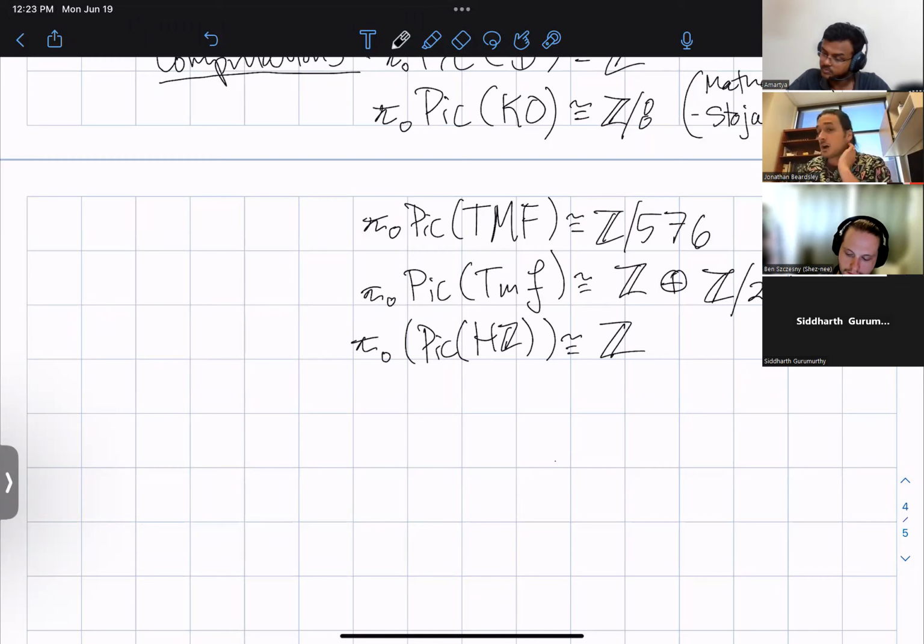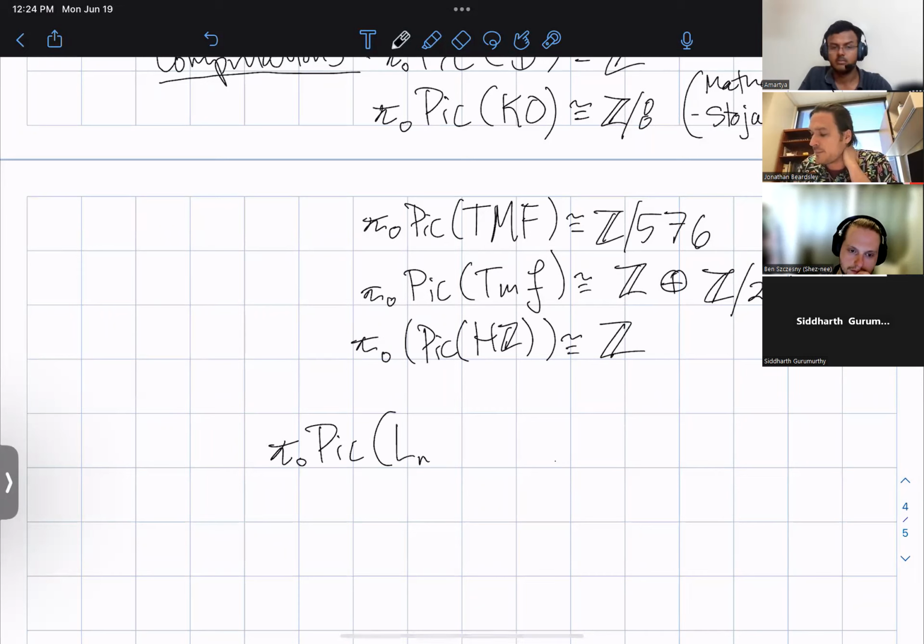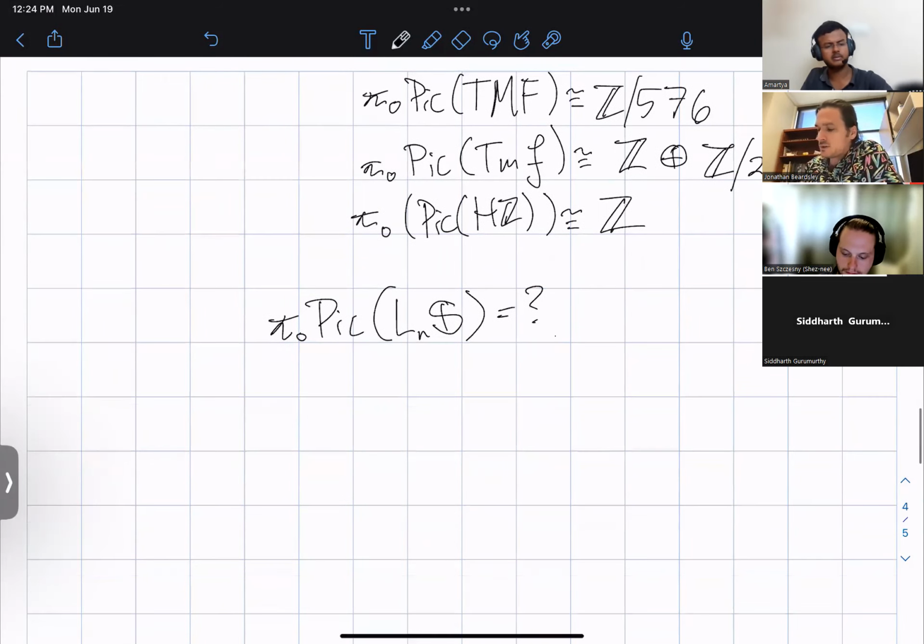One collection of Picard groups which are not well known in general and are the area of ongoing study are, so pi 0 of Pic of, if you take the localization of the sphere at En, Morava E theory, this is not in general fully known.